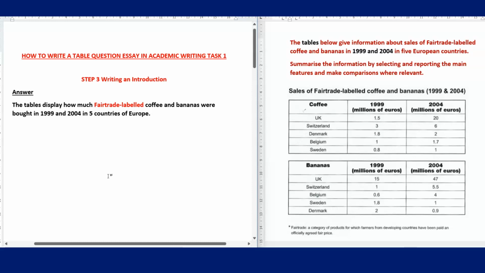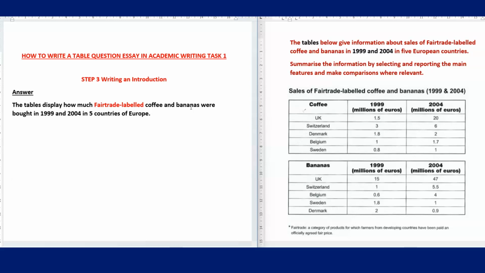If it is fair trade labeled coffee and bananas, keep it. You can't change coffee and bananas to a different word. Don't change every single word, because that would change the whole idea. Keep the major things, the most important facts, so that the real idea of the question is still kept.